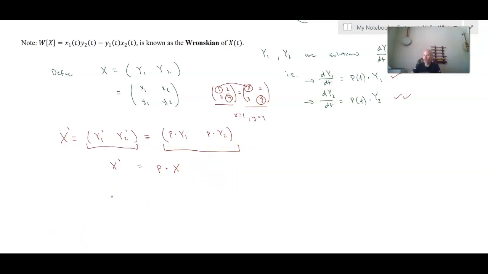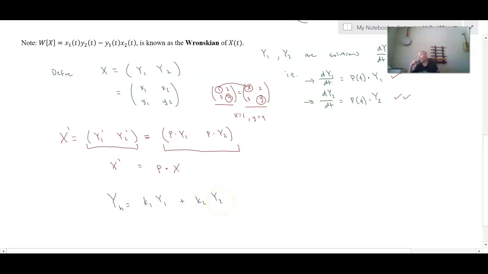Now from earlier on, we know that one of the solutions to the homogeneous system is of the form yh equals k1 y1 plus k2 y2.